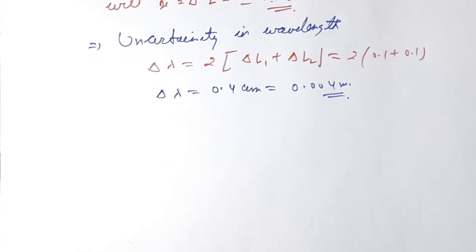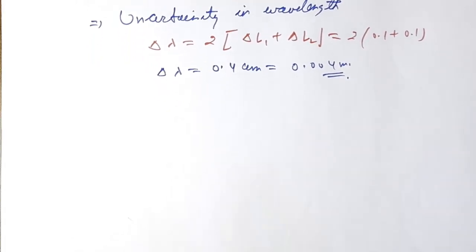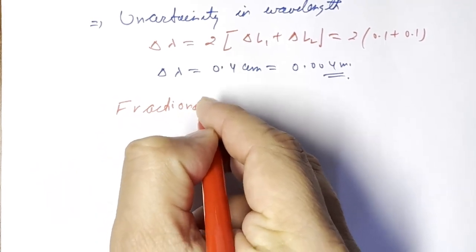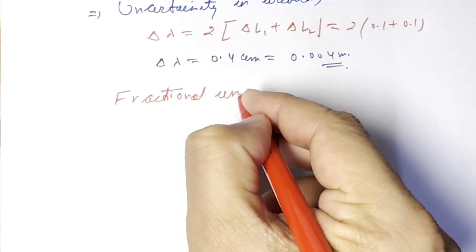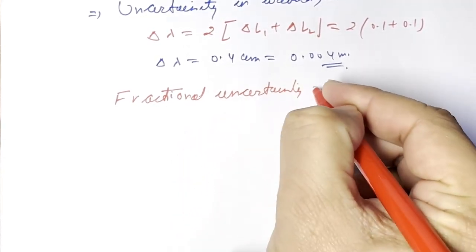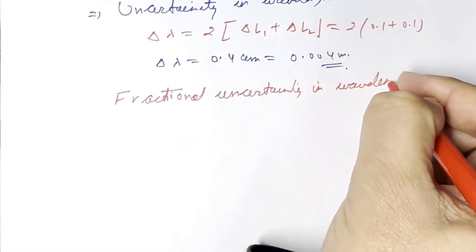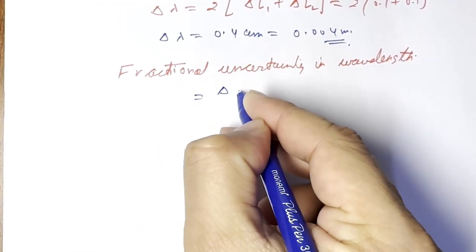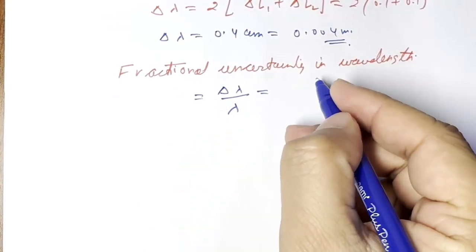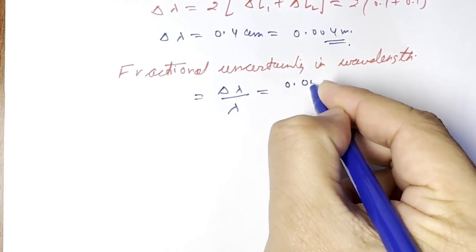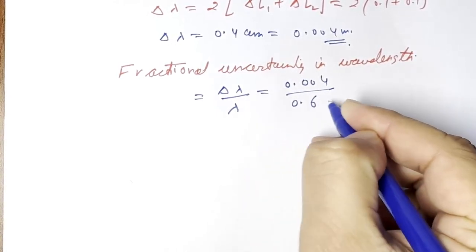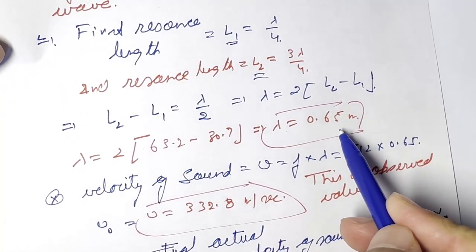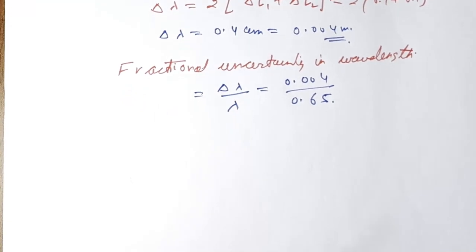From here we can find the fractional uncertainty in wavelength. This will be equal to delta lambda divided by lambda, which is 0.004 divided by 0.65. We already calculated lambda, so we use the same lambda here.